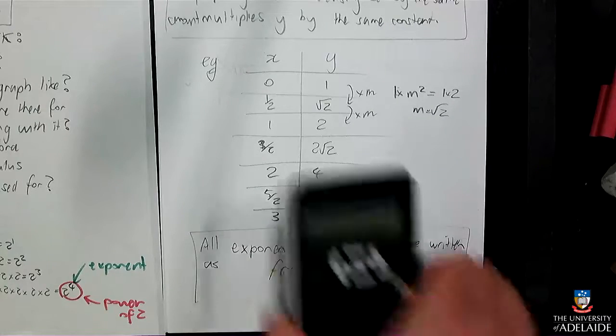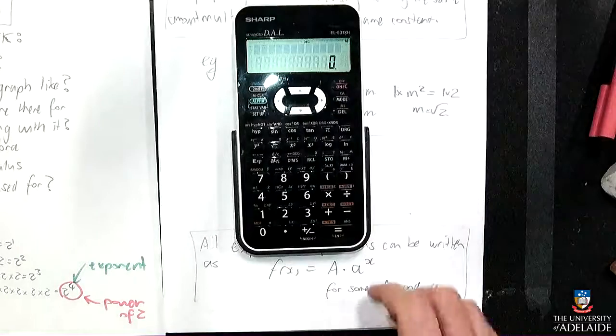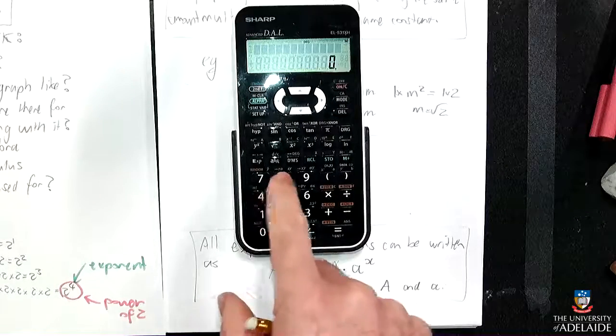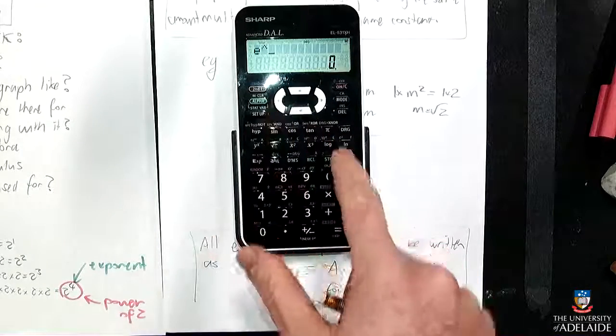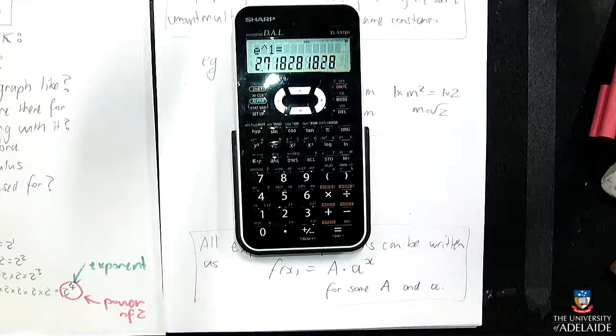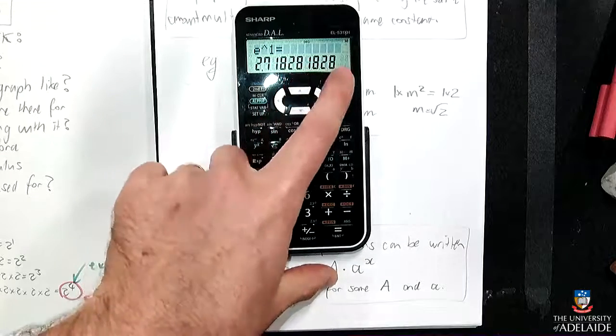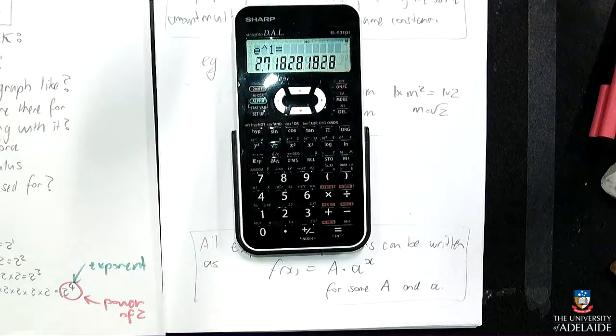Your calculator has it on there, e to the power of 1. That number, 2.718281828, does not actually repeat. It looks like it's 1828, 1828, 1828, but it is not. It stops repeating after that and starts going crazy. So don't believe that it repeats forever, because it doesn't.